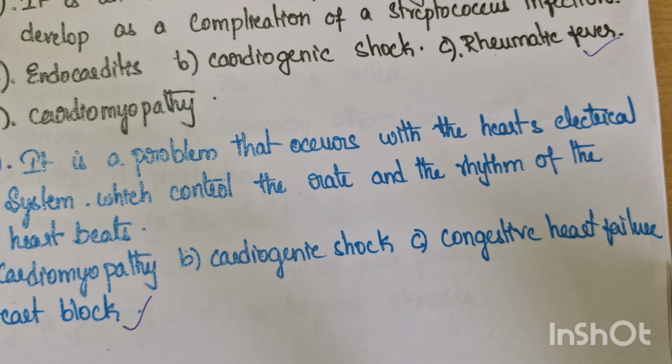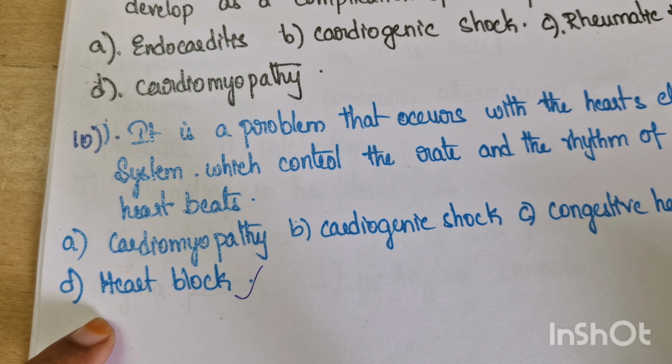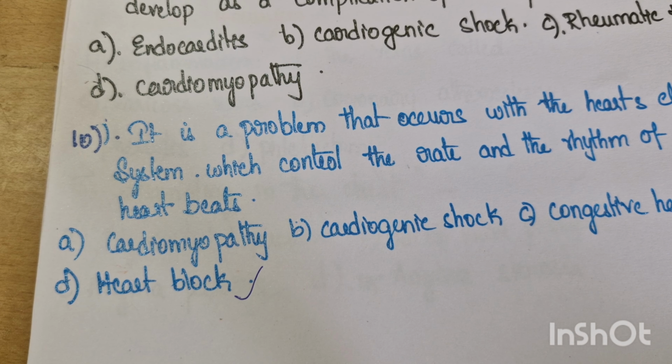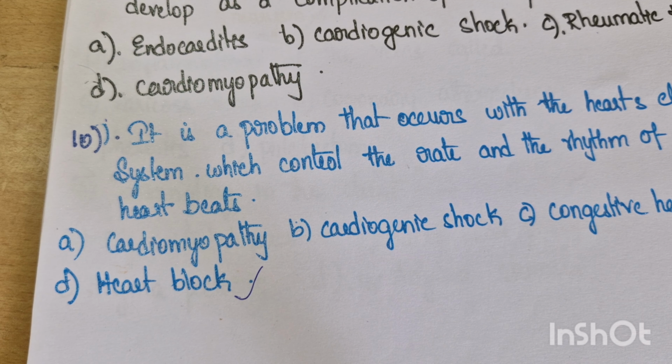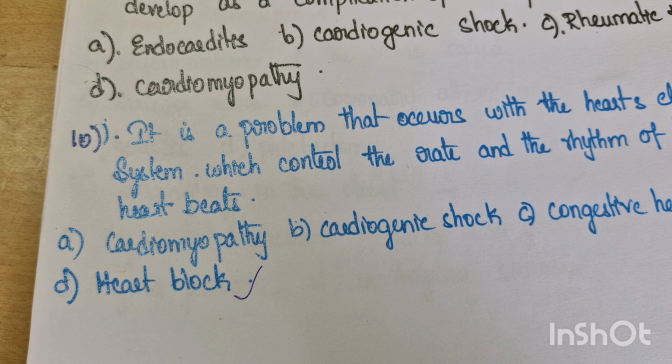So that condition is called heart block. What is heart block? If the electrical impulses are delayed or stopped, the heart does not beat regularly. So that condition is called heart block. Sometimes we say it is a heart attack. So in medical terms we will use heart block. Okay, it has partial, first degree, second degree, third degree. Okay, the correct answer is heart block.